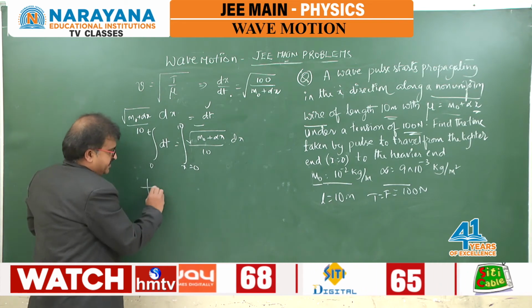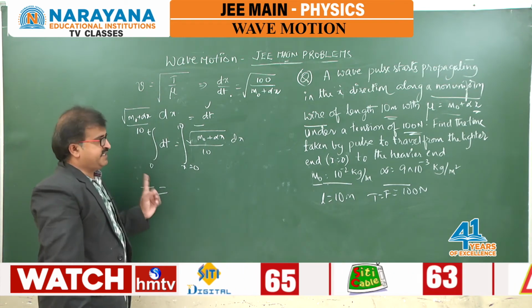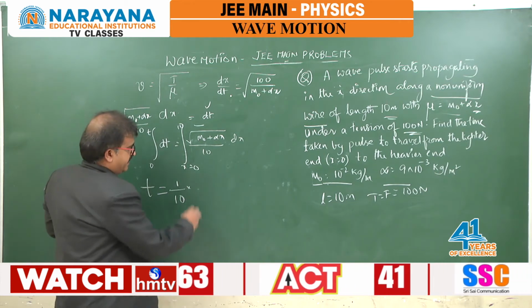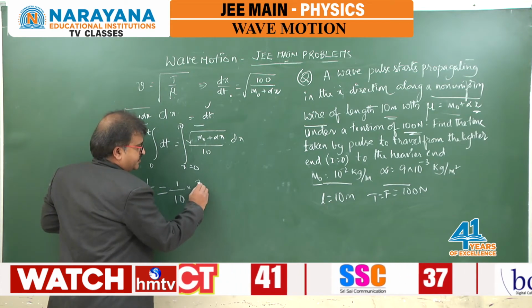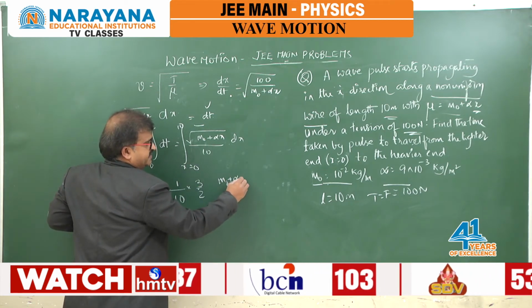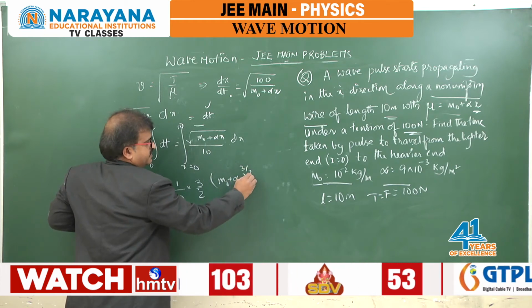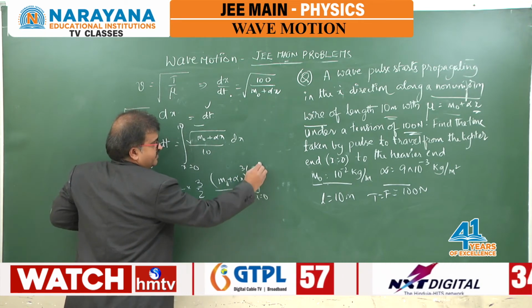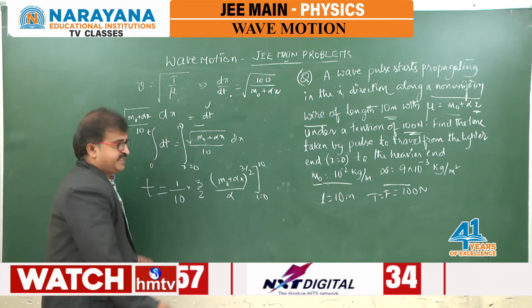Upon integration, you will get t equals 1 by 10 multiplied by 3 by 2 times the integration of this, mu naught plus alpha x power 3 by 2 divided by alpha, running from x equals 0 to 10.